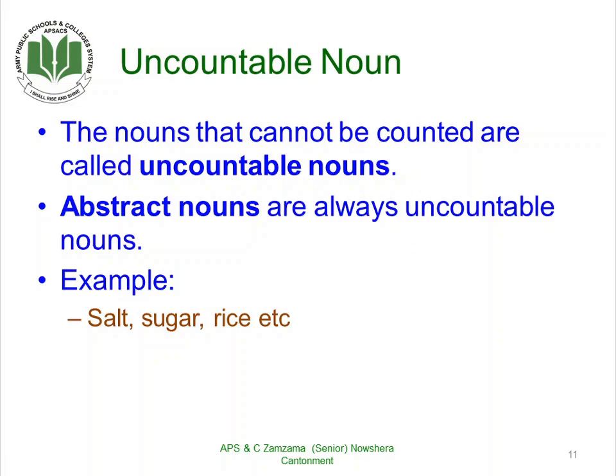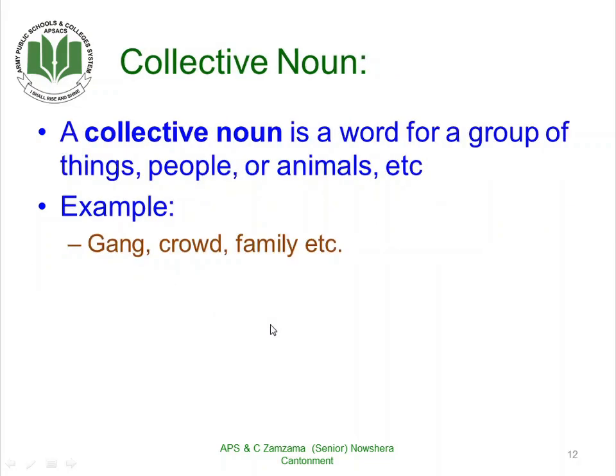Now uncountable nouns, the nouns that cannot be counted, are called uncountable nouns. Here I want to tell you that abstract nouns are also uncountable nouns. Coming towards the example, salt, sugar, rice, these are uncountable nouns. Now come towards the next one, collective noun.